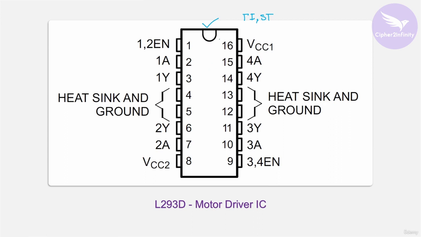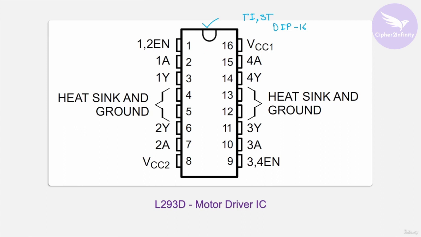He should understand this IC and then only go ahead. This IC comes in a DIP package, which stands for dual inline package, and it has 16 pins. And this IC is easily available in the local market.